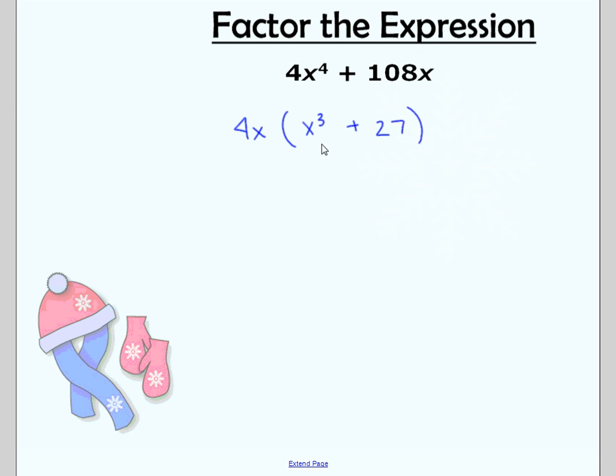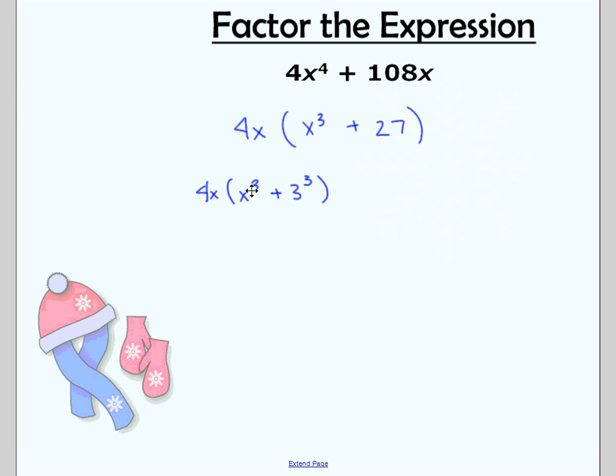Now when I factor a sum or difference of cubes, it's really important that I rewrite each one of these as something cubed. So 27 is the same as 3 cubed, so I'm going to rewrite that as 3 cubed. So I have 4x, x cubed, that was already something cubed, plus 3 cubed.